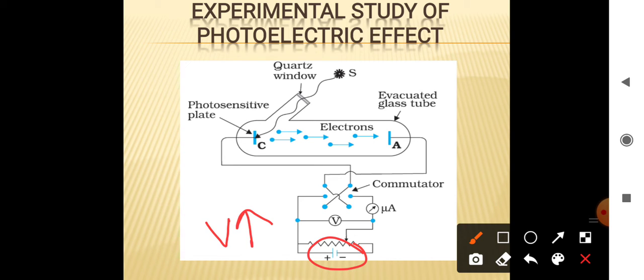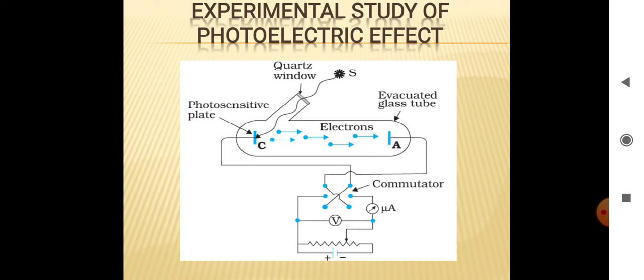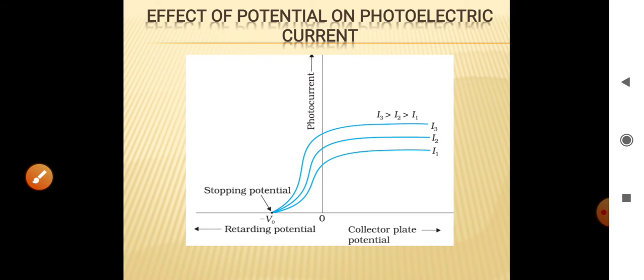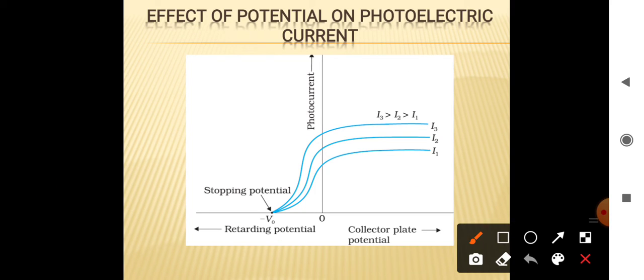If we increase the voltage, C will be more negative, or you can say A will be more positive. As the value of the positive potential increases, the electrons will move with greater speed towards plate A. So we see the photoelectric current increases. It is clearly drawn in the graph: with increase in voltage, the photoelectric current increases.